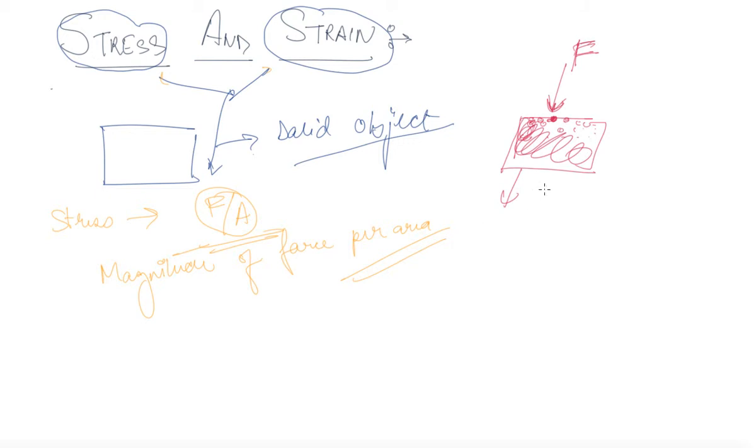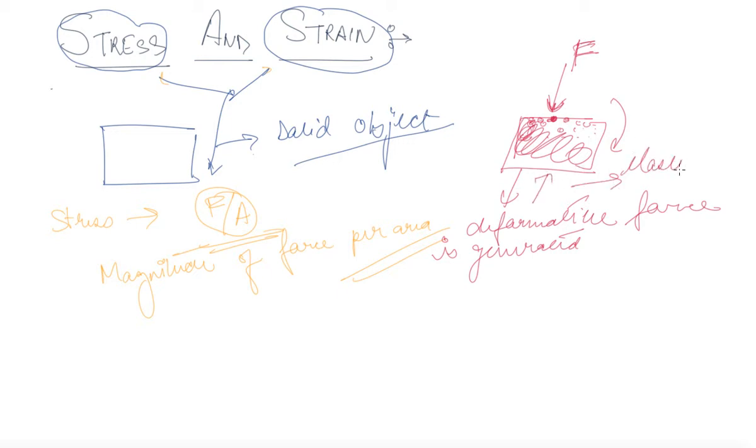A deformative force is generated, that is, it is trying to deform the body. In order to maintain its shape, because it has an elastic property, it applies a restoring force. This is your restoring force. That is, the molecules want to go back to their equilibrium position.